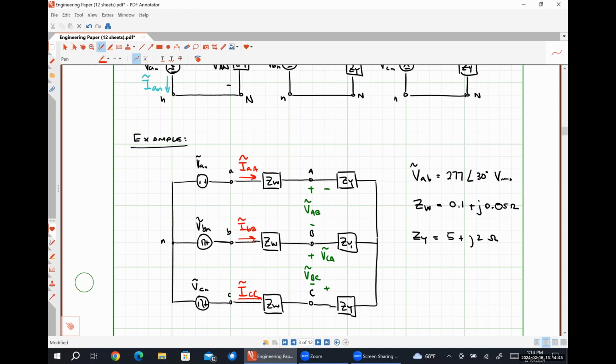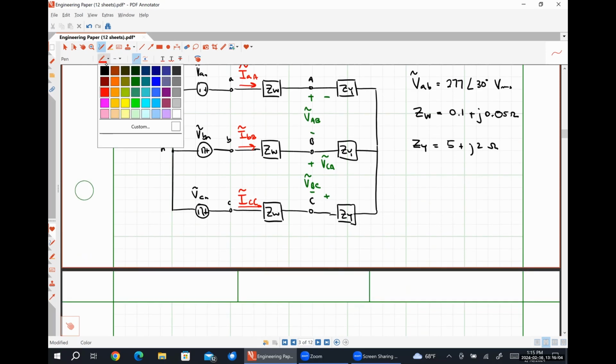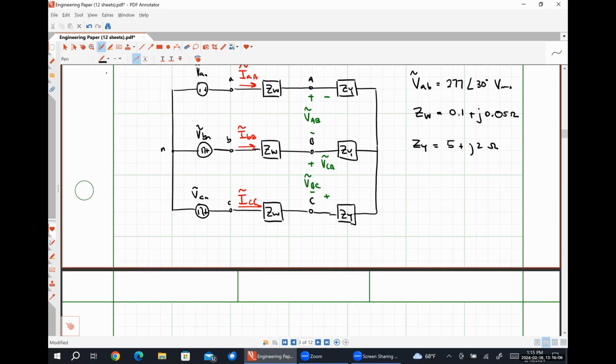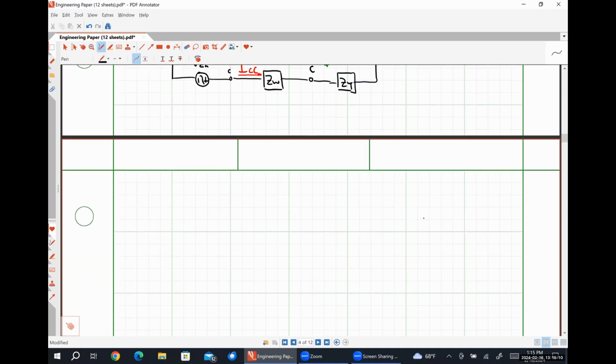So we're going to talk now about how to use our single phase equivalent circuit to find the information that we can directly, and then how we can indirectly find our other quantities. First things first, I'm going to draw my single phase equivalent circuit, and I'm going to figure out if I have any missing information, and I know for a fact that I do because I set it up this way intentionally.